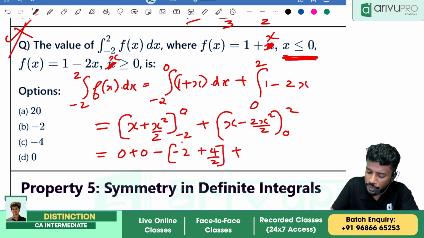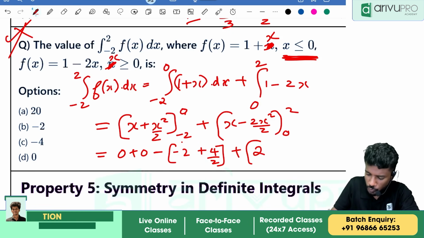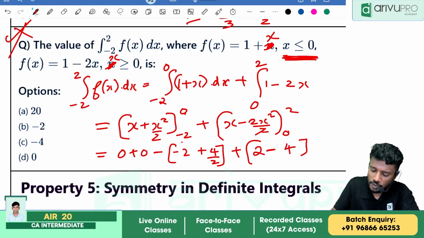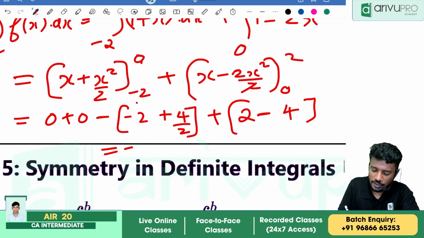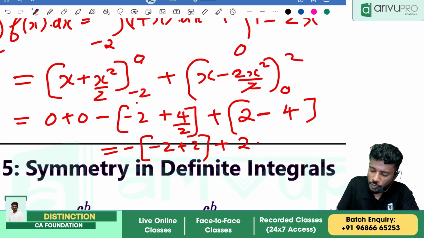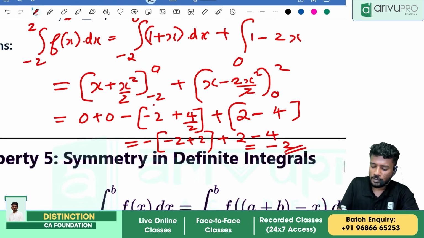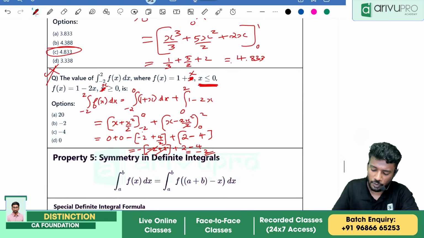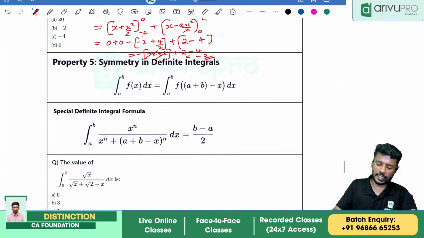Plus apply the upper limit: 2 minus 2^2, which is 4. Now what is remaining at the end? Minus of minus 2 plus 2, then plus 2 minus 4. Minus 2 and minus 2 cancel, plus 2 cancels, then 2 and minus 4 cancel. What is remaining? 2 is remaining.